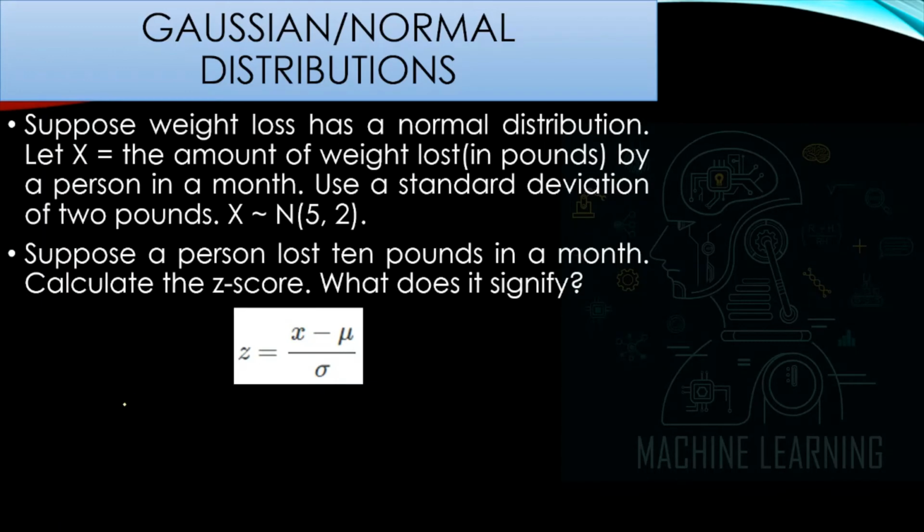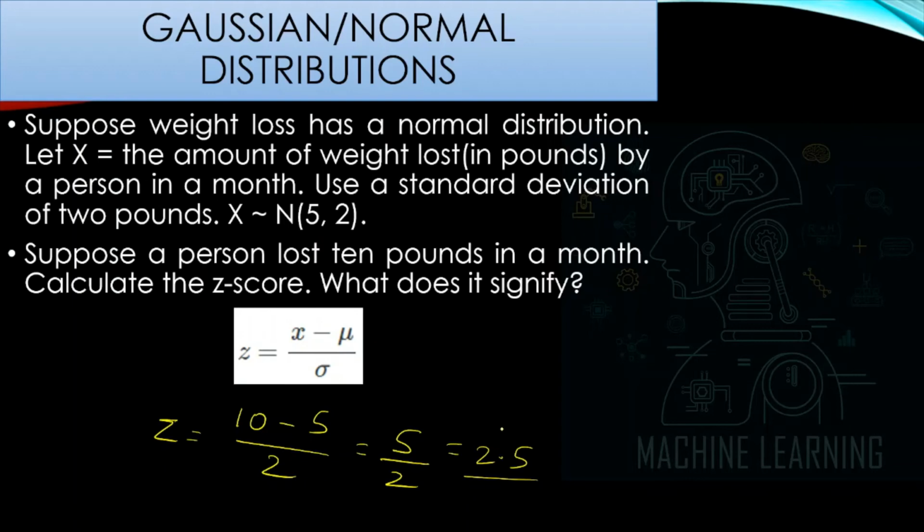So x is equal to 10, the value of mu is 5, and the value of sigma is 2. So this is (10 - 5) divided by 2, which equals 2.5. So 2.5 is our z-score.